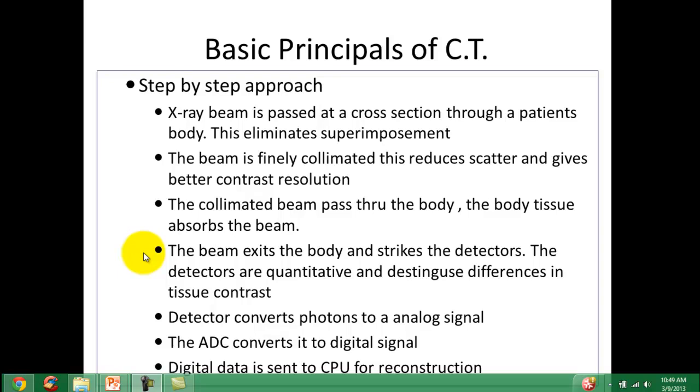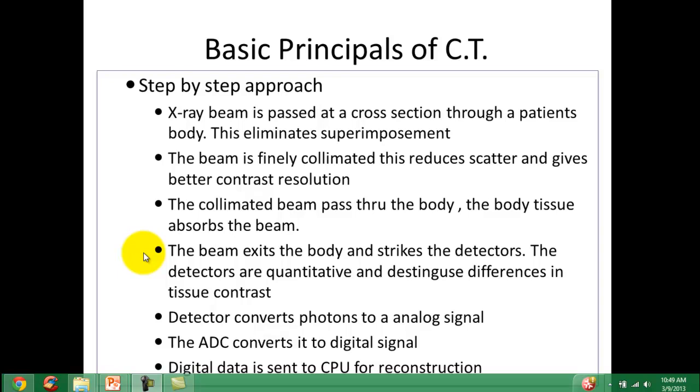Of course, as in most radiography, a lot of the beam is attenuated such that it never makes it out of the body, and that just contributes to overall CT dose. But as we have discussed, having areas on the image that do not represent anatomy still contribute to the image. In any case, the beam exits the body and strikes these detectors.